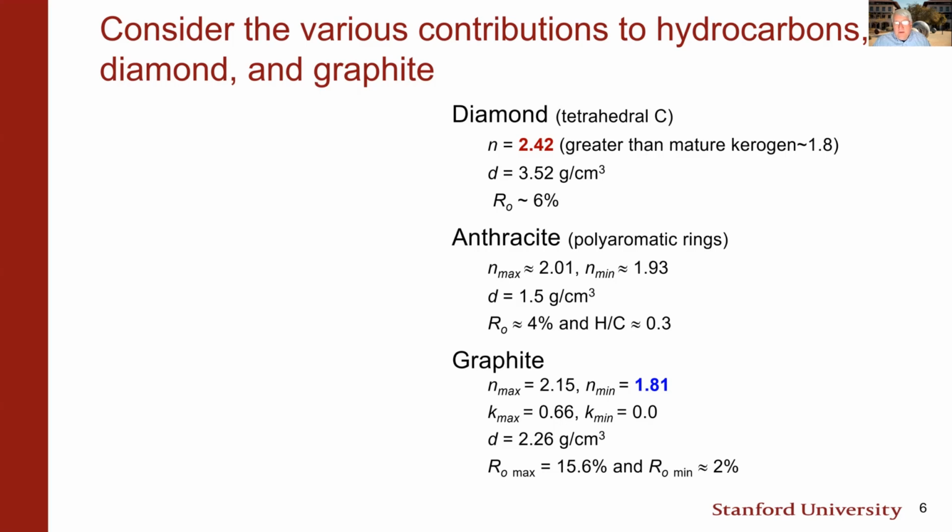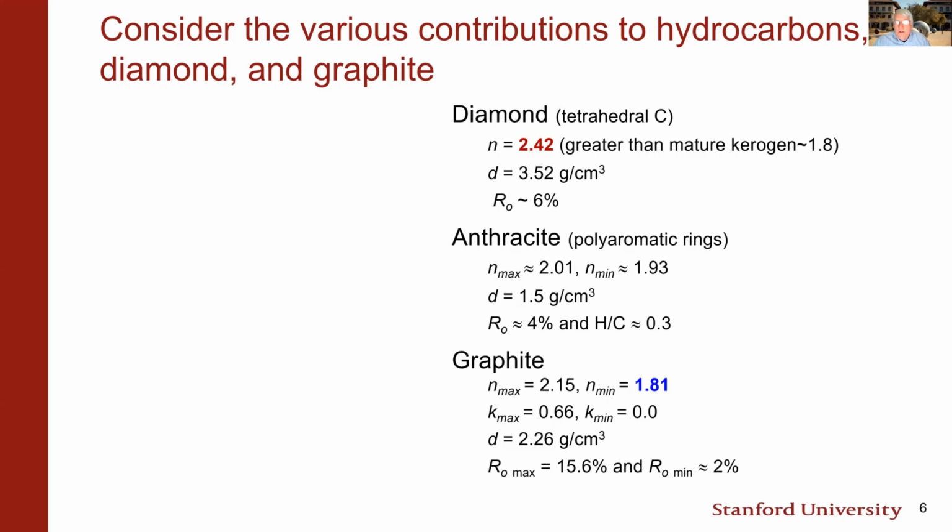It turns out the reflectance is much more anisotropic than that, 15.6% in one direction, 2% in the other direction. And the reason for that is because this particle in the box electron contribution is only along the planes of the aromatics. And so that gives you a high absorption coefficient, 0.66, compared to perpendicular to the rings.